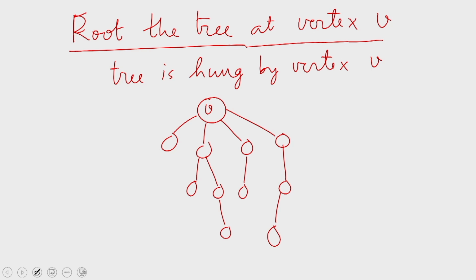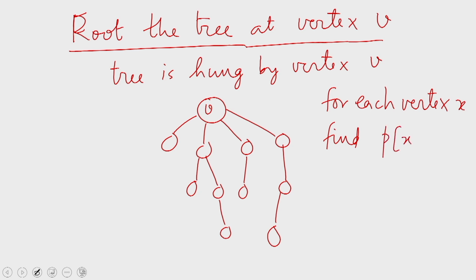So, when we root the tree, what we require is this: for each vertex x, find P of x, the parent of x.